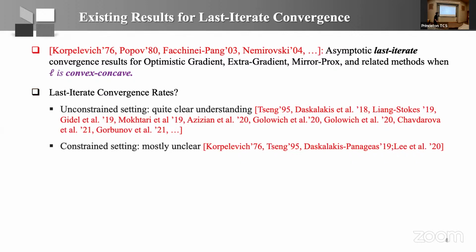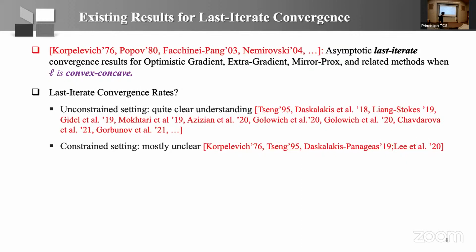Partially because of these applications, a lot of people started to look at this problem. In the unconstrained setting, it is quite well understood, and people get high rates for both algorithms. But if you have constraints, more like in the game theory setting, it's mostly unclear.